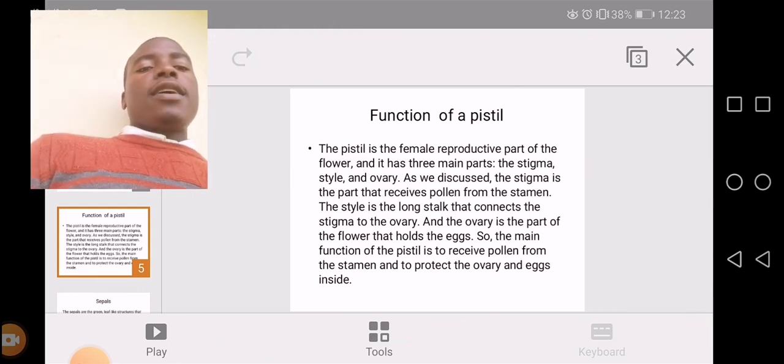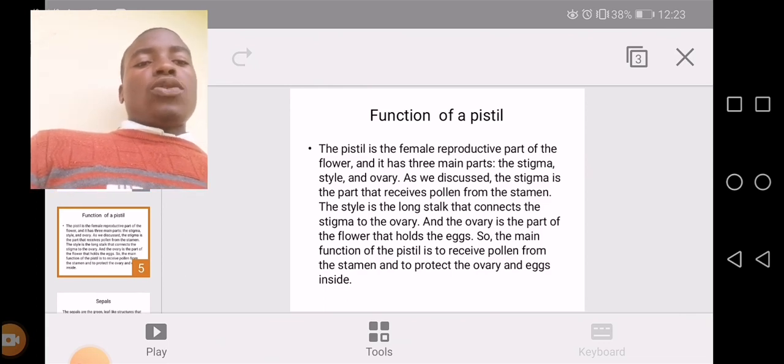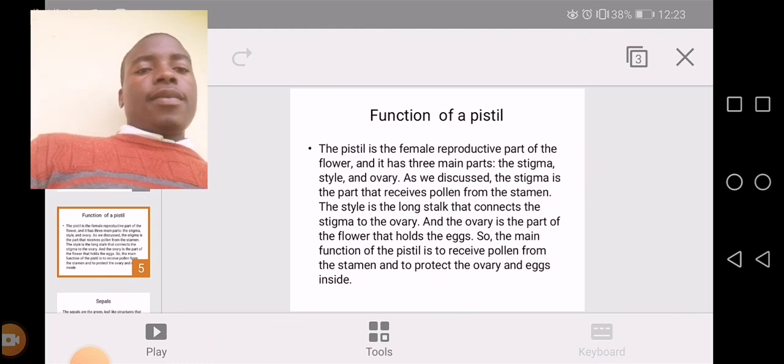So the main function of the pistil is to receive pollen from the stamen and to protect the ovary and eggs inside. The pollen is received by the stigma and goes down the style to the ovary, where fertilization takes place.